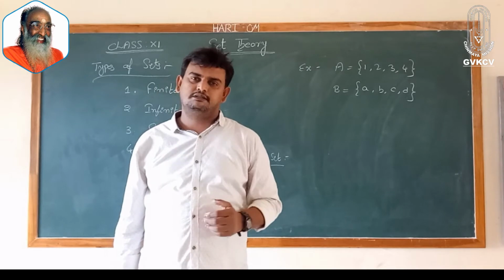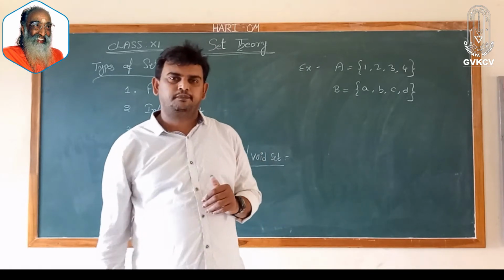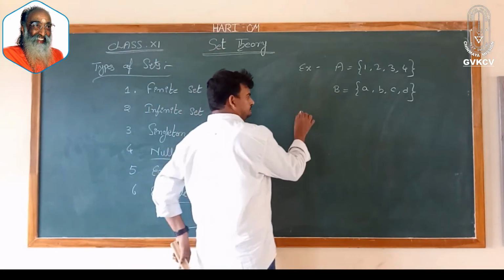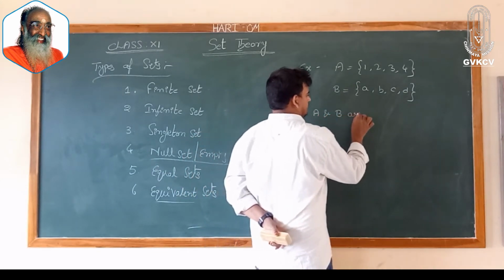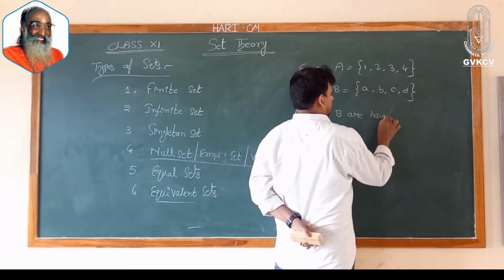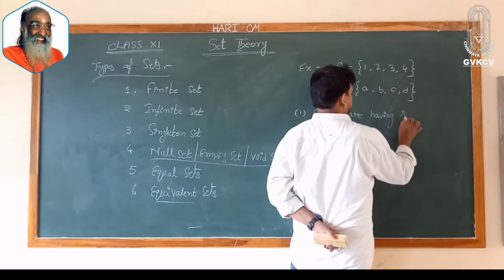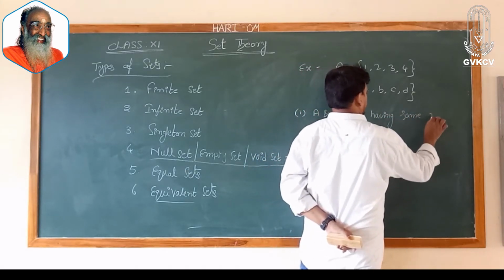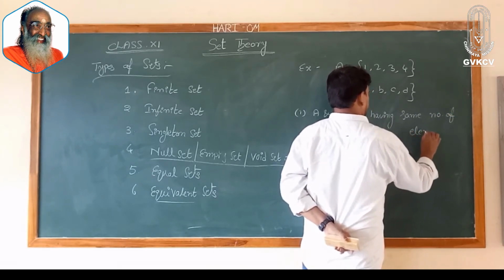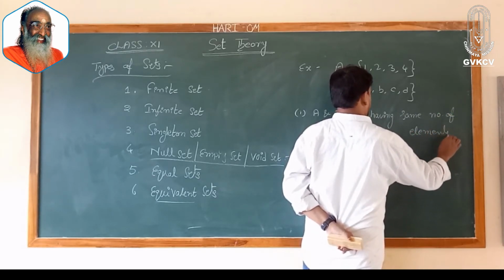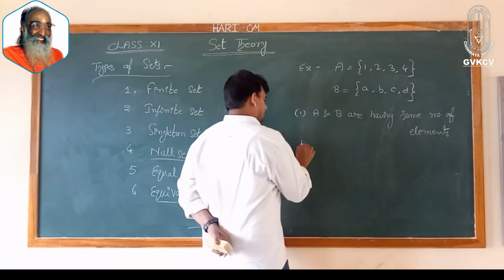Same number of elements, not same elements. Condition number 1, A and B are having same number of elements.